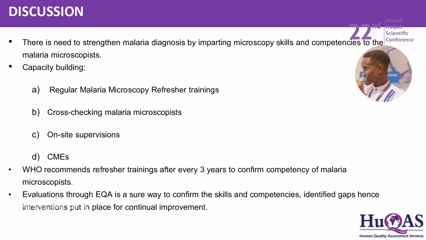Our level 1s and level 2s in the government facilities also go around doing cross-checking for malaria microscopy and on-site supervisions. But internally, if we have competent malaria microscopists, we can do our CMEs and increase the competency and skills of our malaria microscopists.